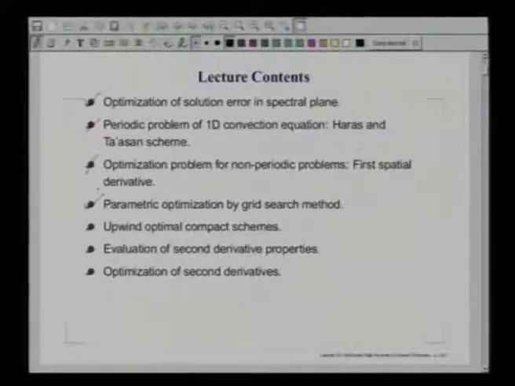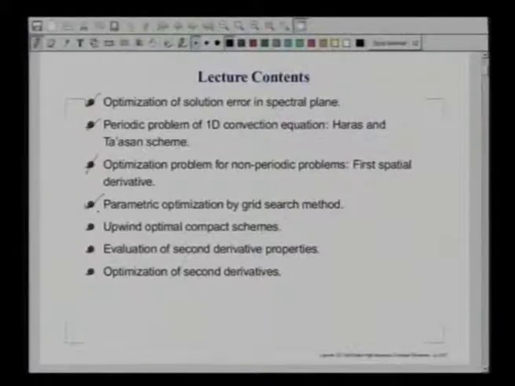We will subsequently talk about a class of upwind optimal compact schemes, some of which have been evaluated manually, but all of them uniformly provide very high accuracy, which is probably the state of the art at this point in time.